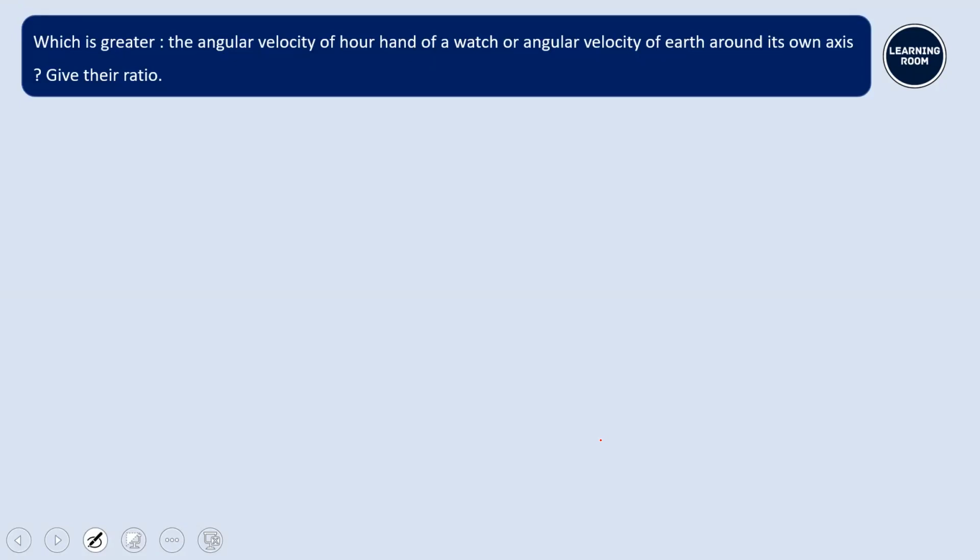Get started. So let's see the first problem associated with this one. This is the angular velocity of the hour hand of a watch or the angular velocity of Earth around its own axis. After you mention which one is greater, you need to give the respective ratio. So let's see. If I take the hour hand of a watch, how much time does it take to complete one full revolution?